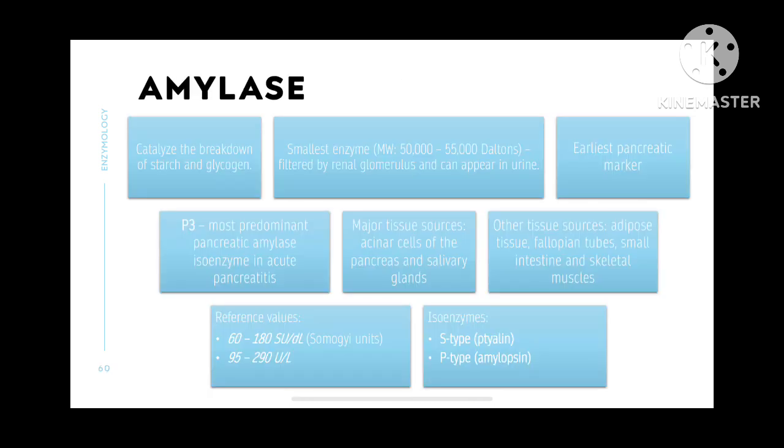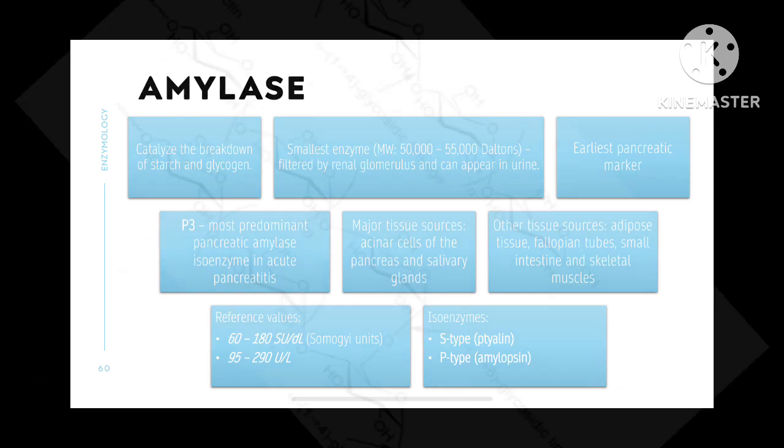The next enzyme would be amylase. Amylase is an enzyme belonging to the class of hydrolases that catalyze the breakdown of starch and glycogen. Starch consists of both amylose and amylopectin.